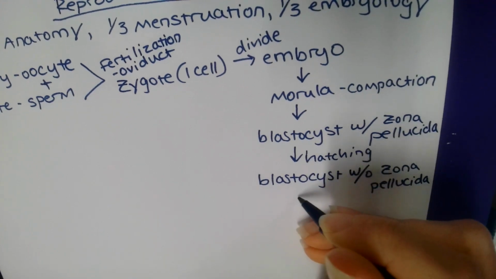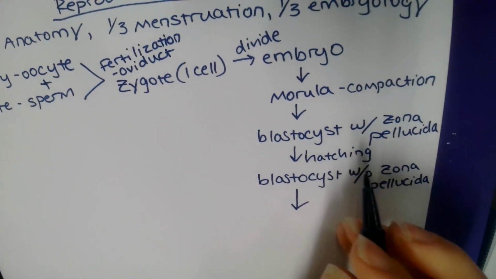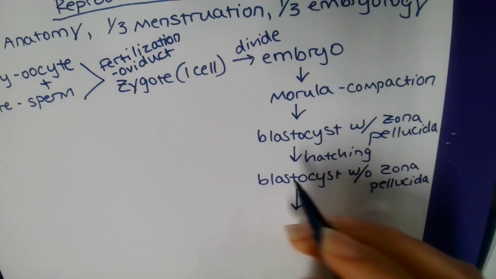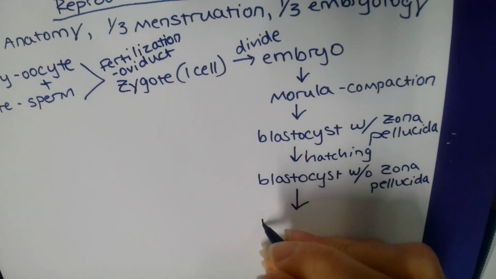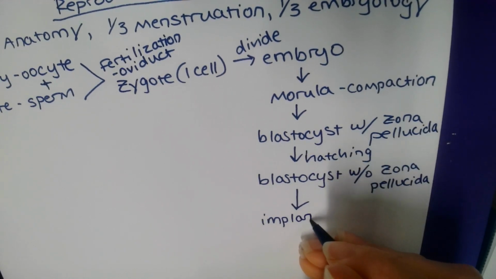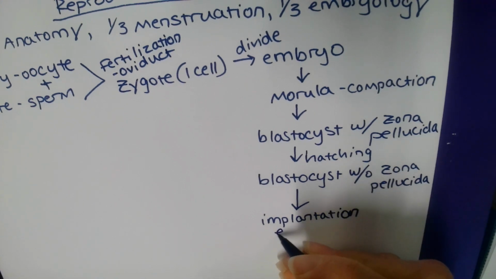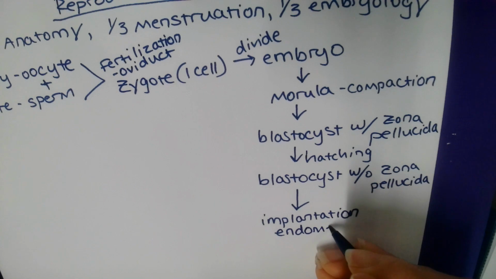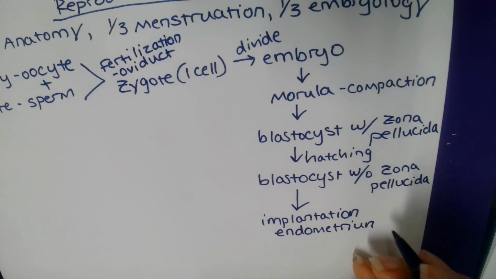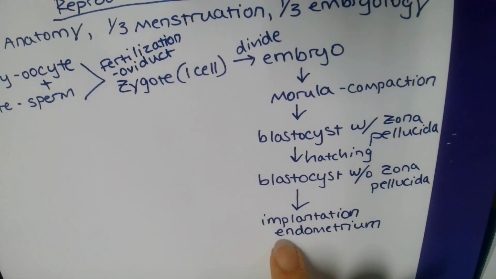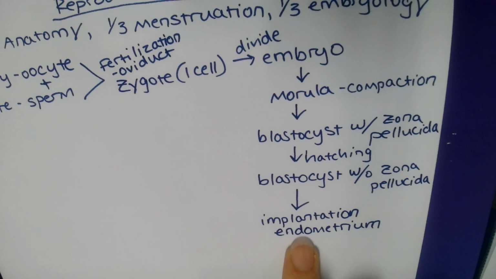And that is going to travel into the uterus and undergo implantation into the endometrium, which has become nice and full of blood vessels, prepared for by progesterone. We're going to go over the menstrual hormones in a little bit.